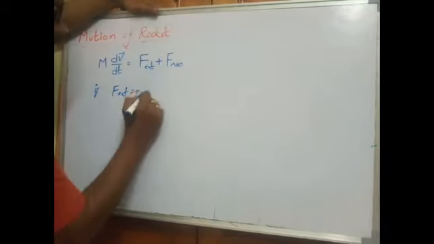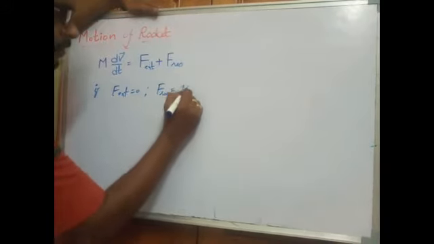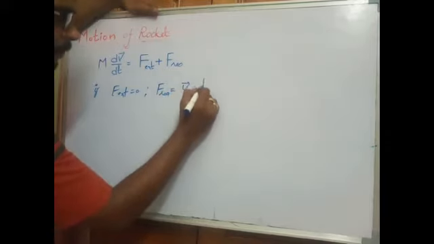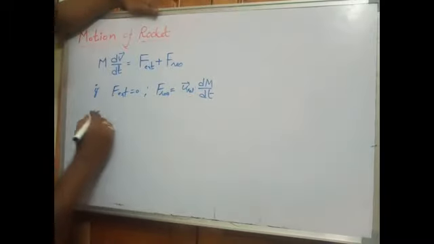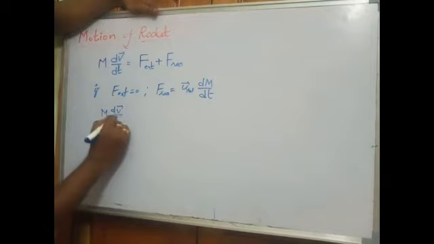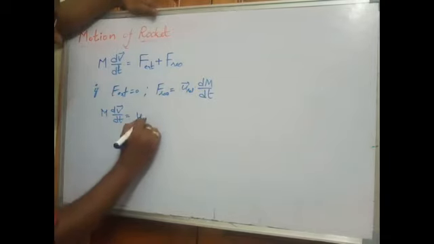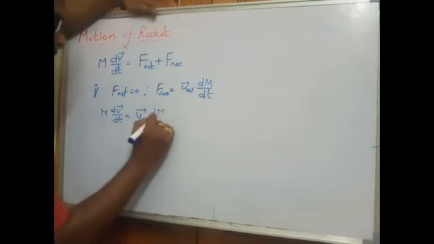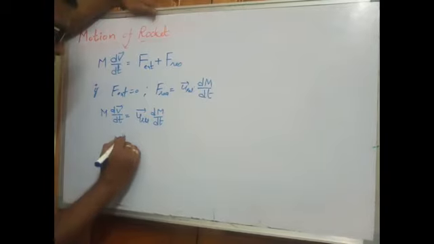We already know that the reaction force can be written as u bar relative into dm by dt, the rate of change of mass. From this we get m into d v bar by dt equal to u relative into dm by dt.